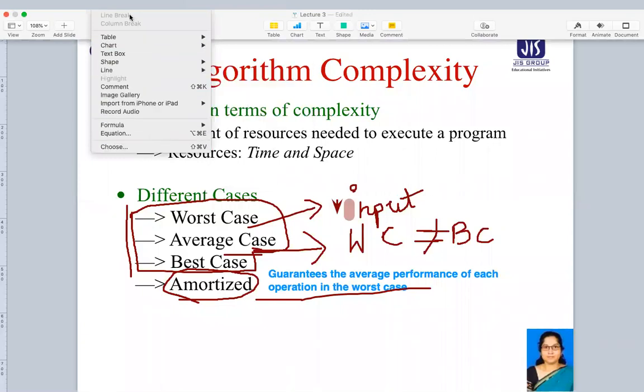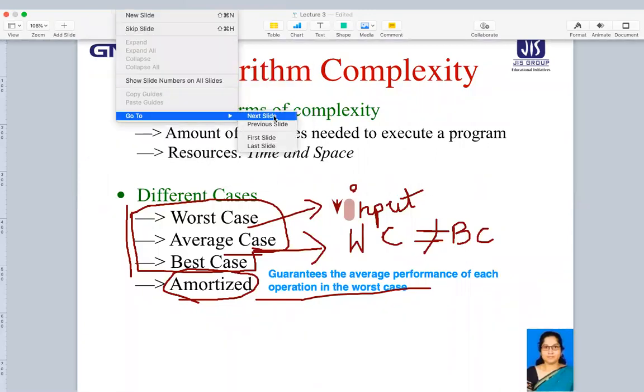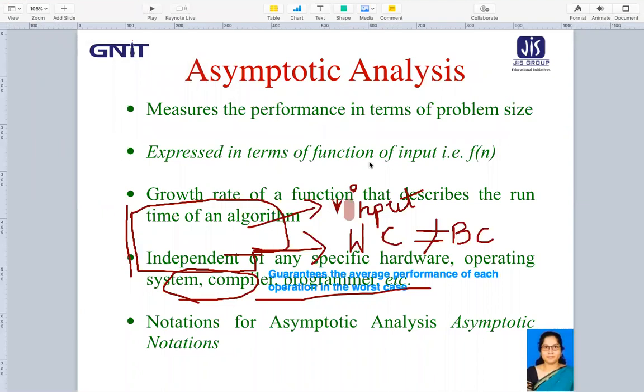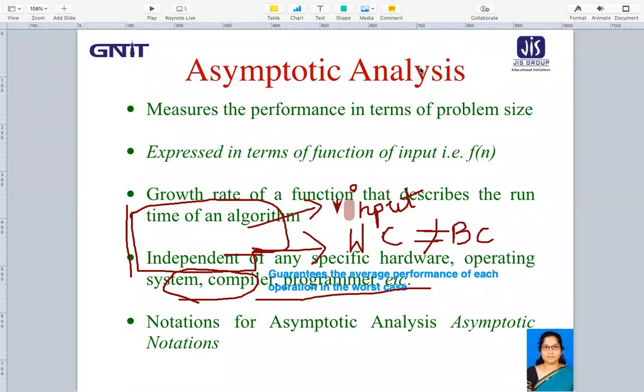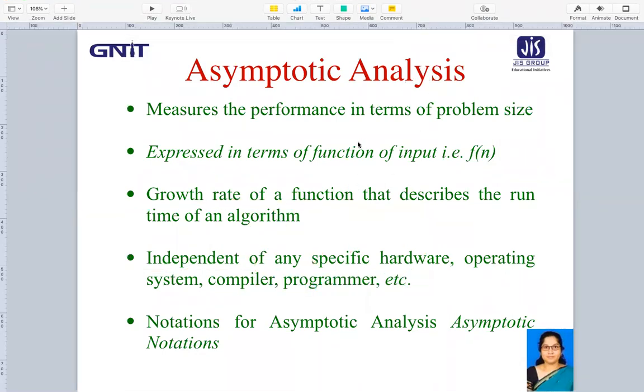Now, we will go to the asymptotic notation. And what is asymptotic notation? Asymptotic notation is a more standard form of representing the complexity of an algorithm. Here, the performance is measured in terms of the problem size.